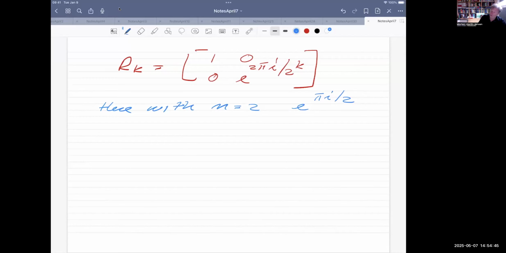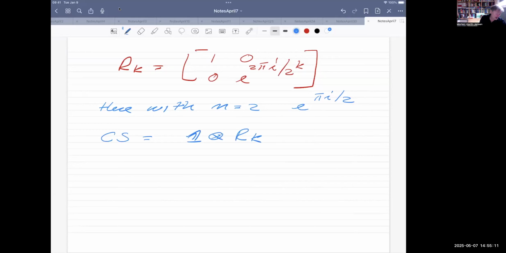So what we would need to do then is actually to set up what is called a control phase gate or CS gate. And that CS gate is going to be given by the identity matrix, and then the tensor product of that one with this rotation matrix.